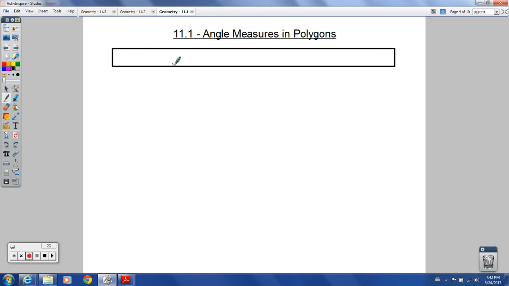But angle measures in polygons, that's what we're talking about here today. And I want to start with talking about the sums of angle measures in polygons.